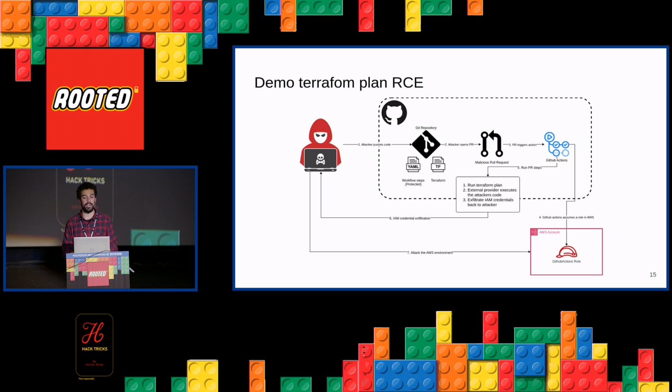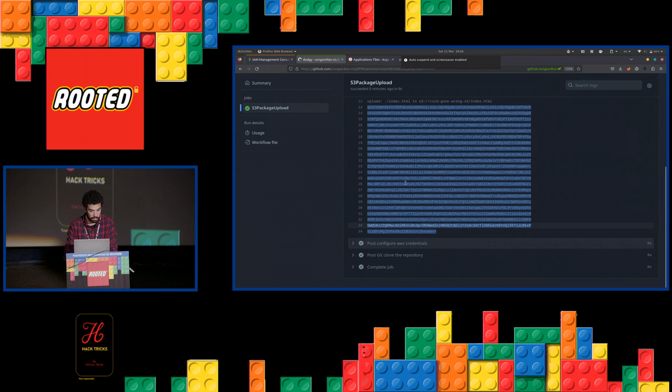Then they're going to open a PR, and during the execution of that pipeline, the Terraform is going to execute their own code with the external provider, and it's going to exfiltrate some credentials back to their machine, which they can then use to authenticate to AWS. And enough talking, let's actually do something.